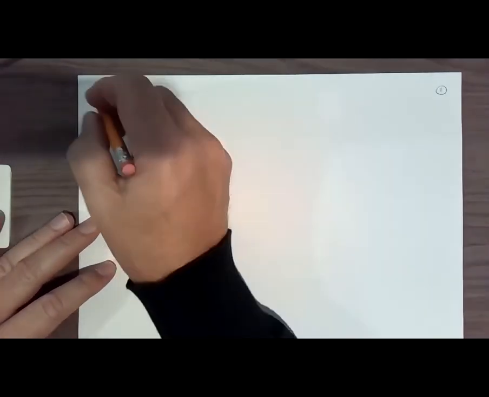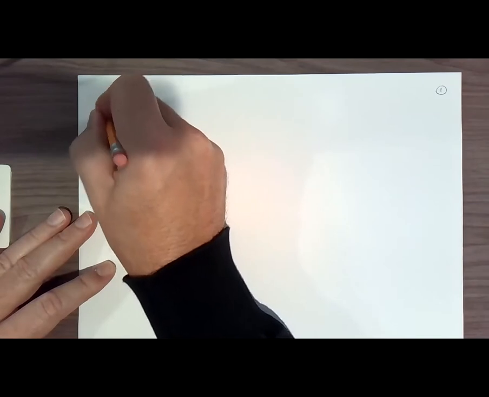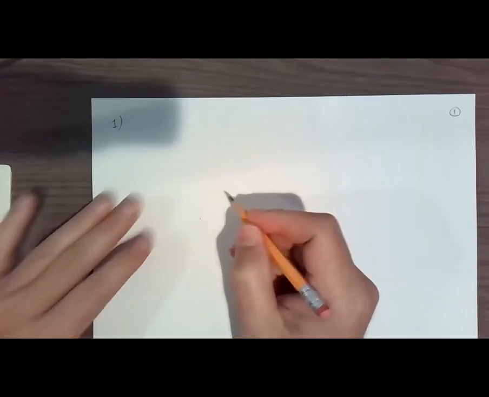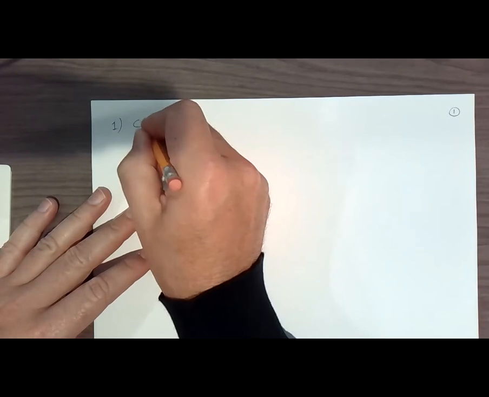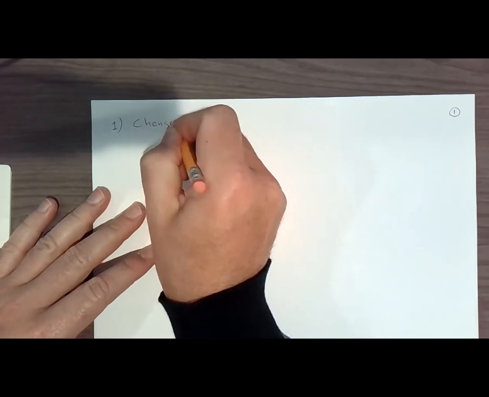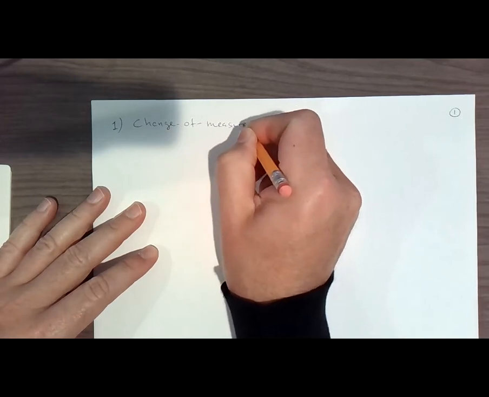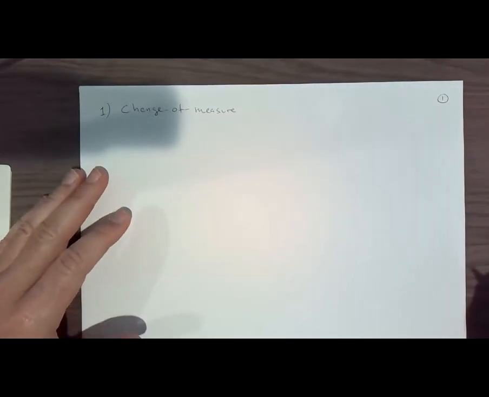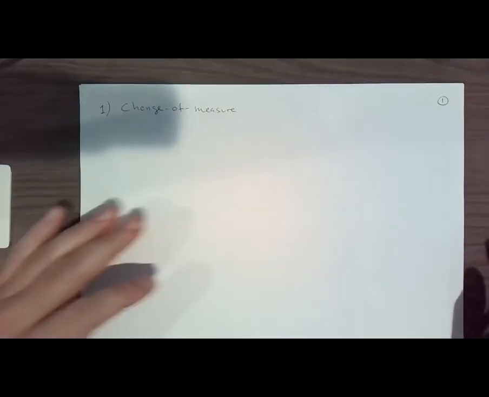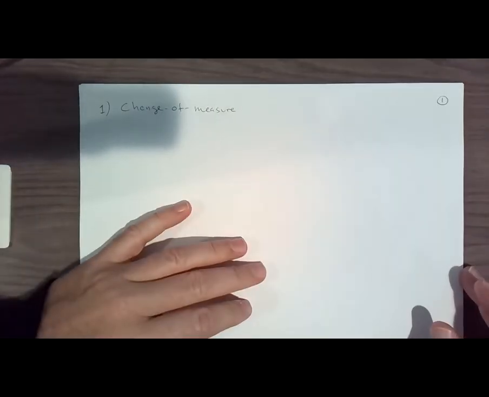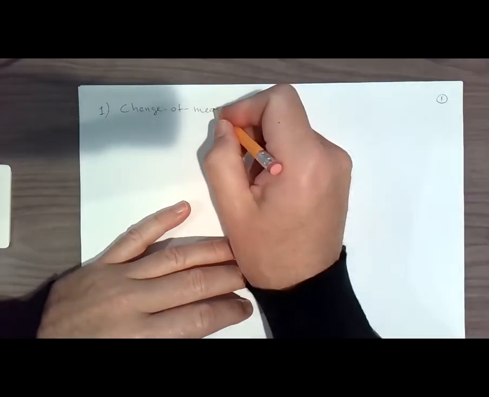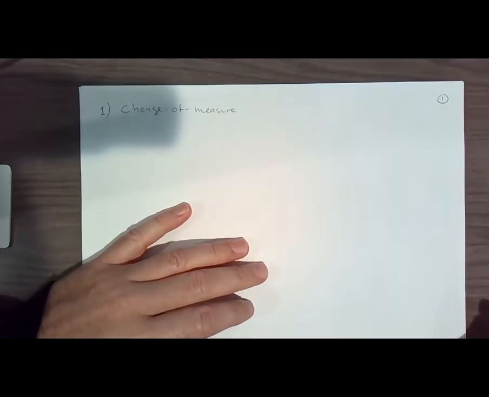Okay, if that's not the case, then there are two things on the agenda today, and so before the break, we're gonna start on a topic called change of measure, and traditionally this has been a difficult topic. So we're going to try to go slow through it.